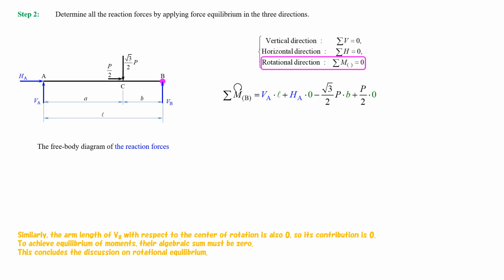Similarly, the arm length of VB with respect to the center of rotation is also 0, so its contribution is 0. To achieve equilibrium of moments, their algebraic sum must be 0. This concludes the discussion on rotational equilibrium.